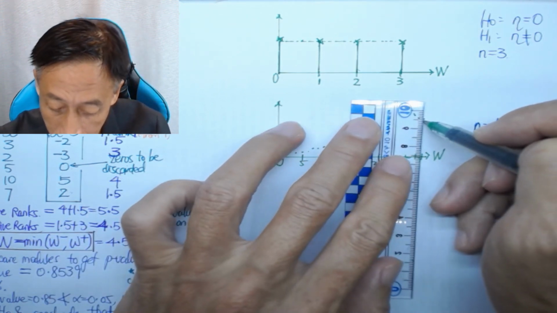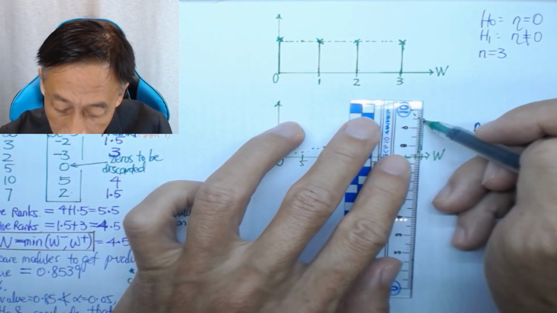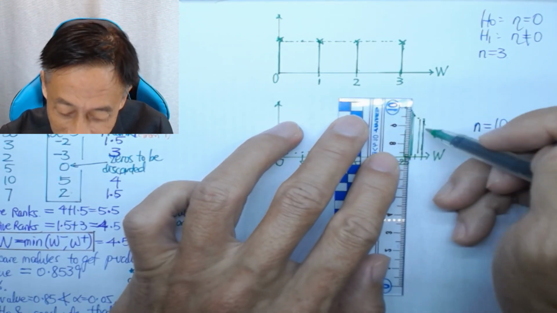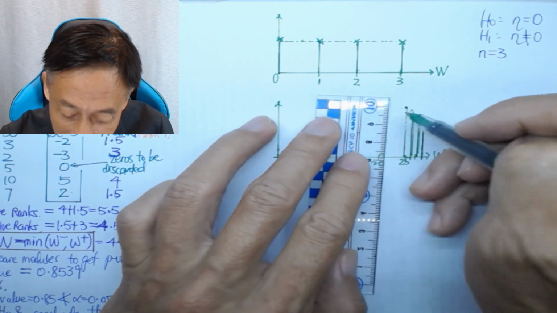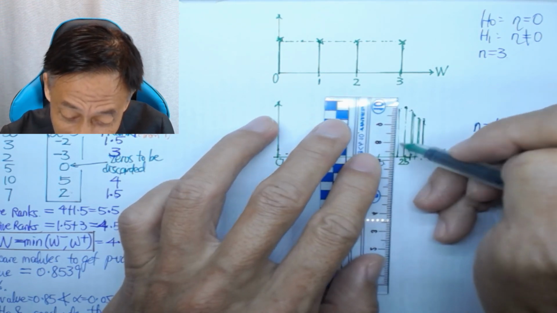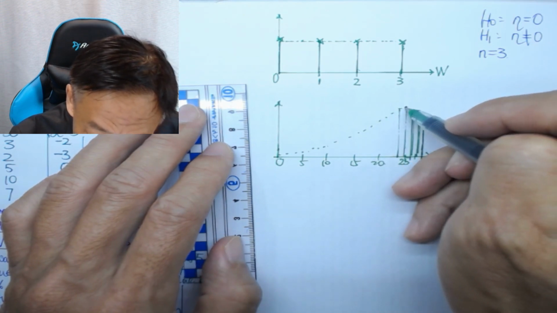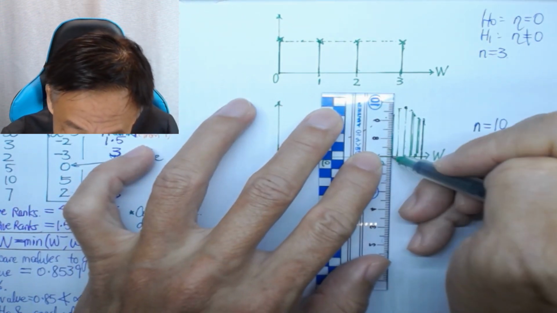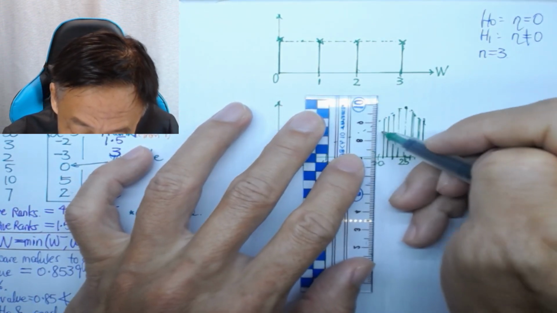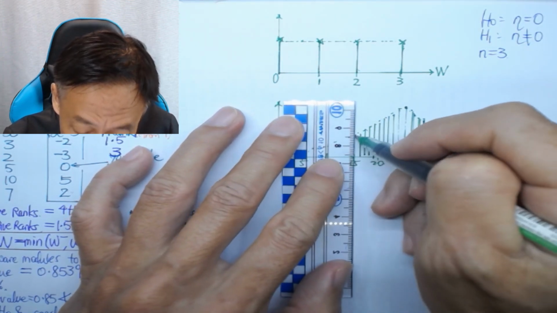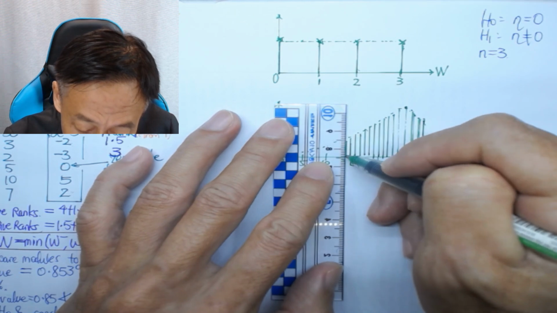Okay, so they all reside on integer grounds. That's what I must say first. And they show some kind of a profile like this. The fact that they rest on integer points on the x-axis doesn't change.